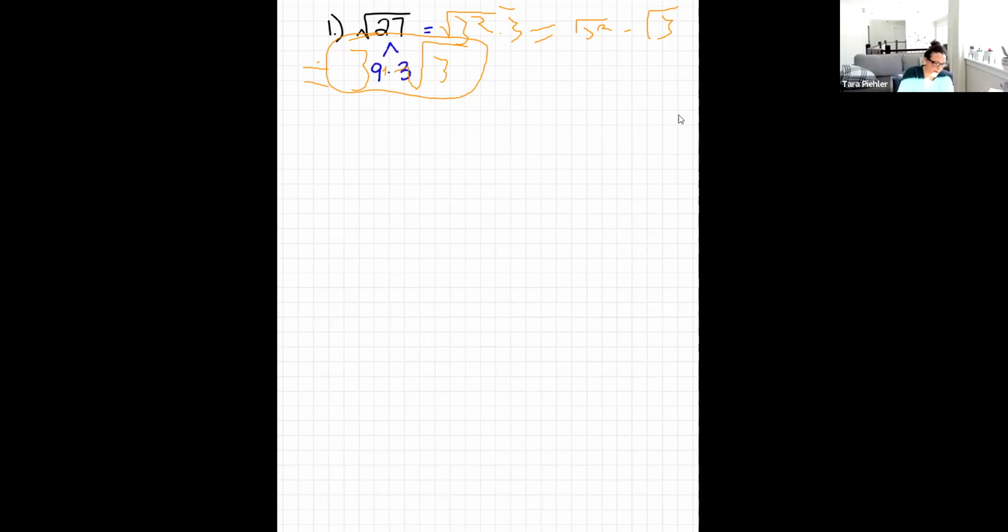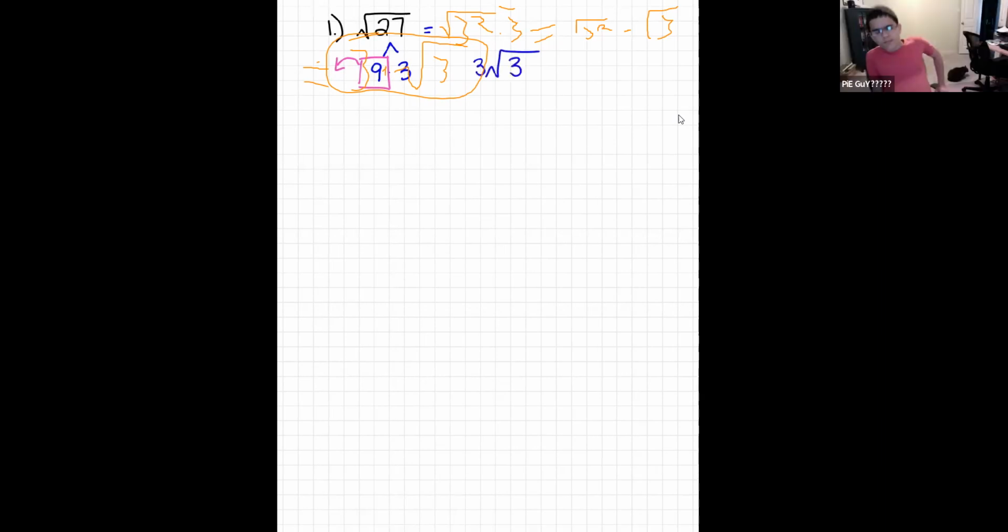As soon as you have a perfect square, and that's a 9, you can actually pull it out in front of the radical sign. So the square root of 9 is what, everybody? 3. And then what's left under the radical sign is what Levi said, just the number 3.